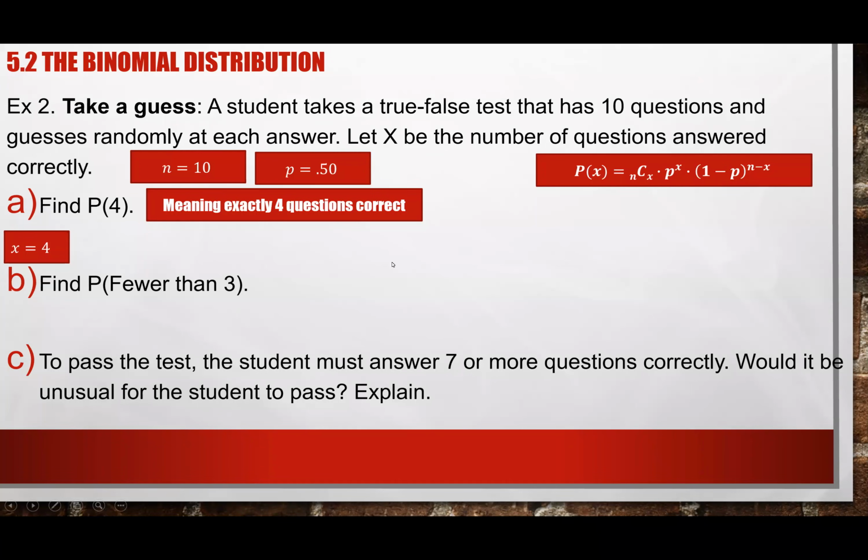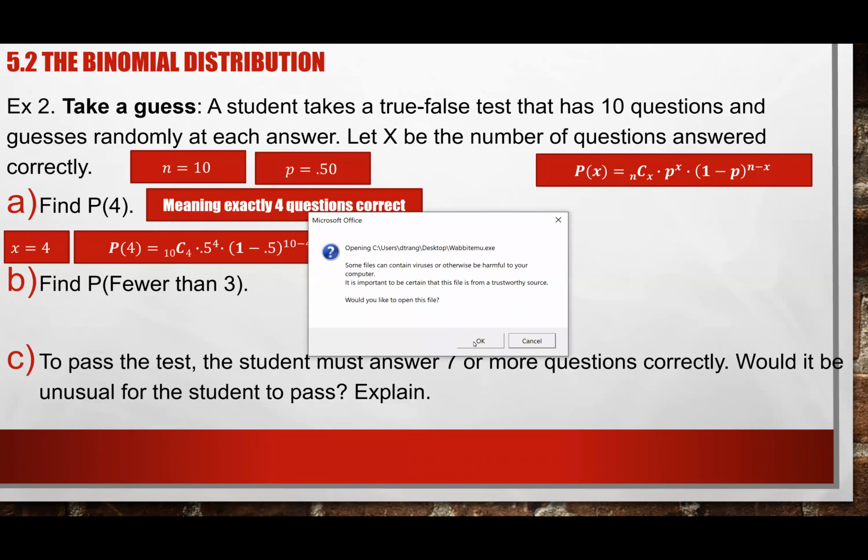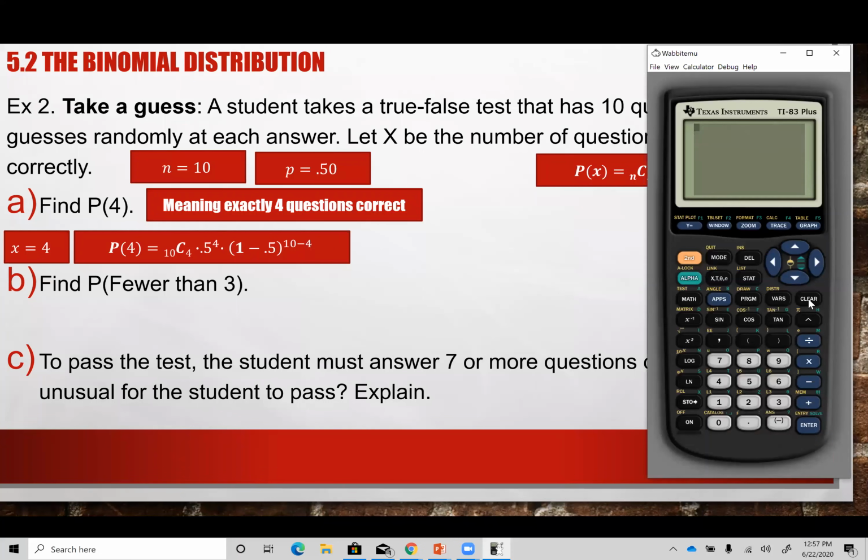When you plug into the formula, instead of writing P of X, I put in P of 4, because my X is 4. Wherever I see an X, I put in a 4. Wherever I see my N, I put in a 10. And wherever I see my small p, I put in 0.50, or 0.5. Once you have this, all you need to do is use your calculator to calculate this item.